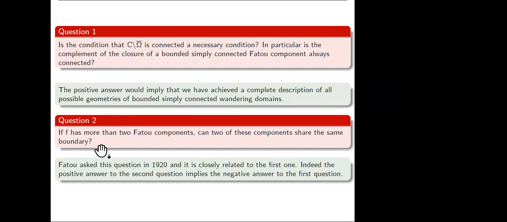And you can see that a positive answer to this second question gives a negative answer to the first one. Because if 2 components share the same boundary, if you take one, take the closure and take the complement, you'll end up with at least 2 different open components.